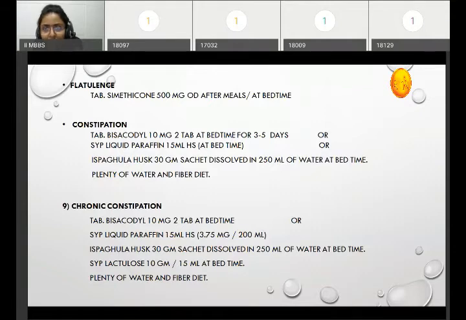Laxatives are the agents which bring about softening of the stools, right? Soft stools.